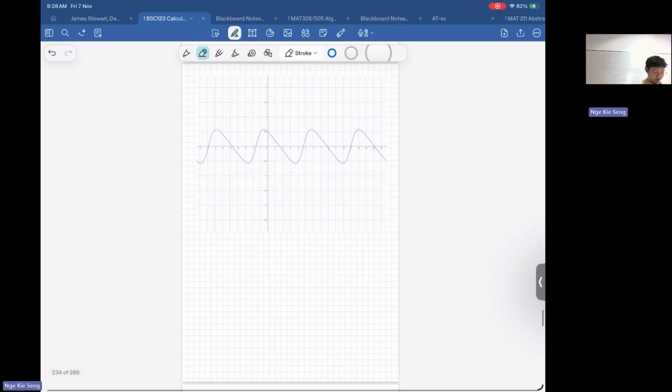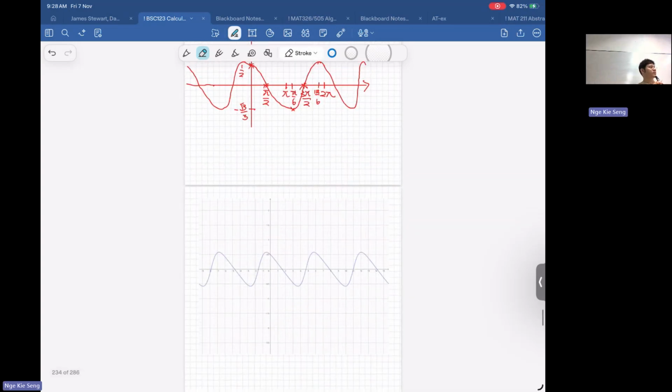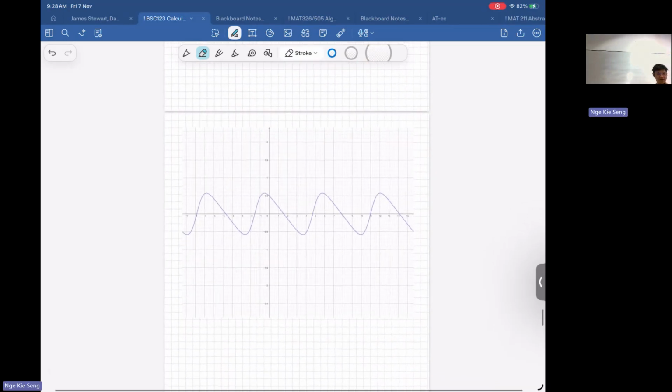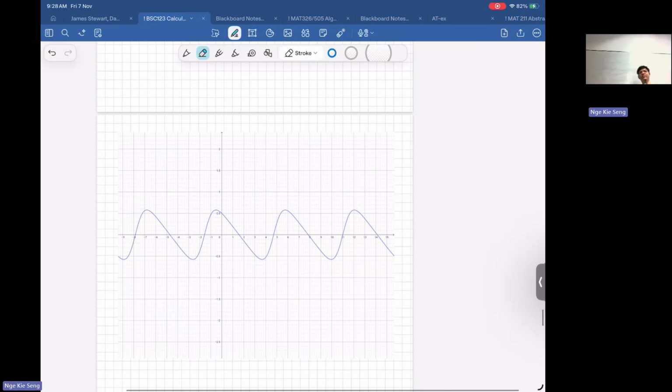Any questions about whatever we learned up to now, before we go to application questions? Any question about finding asymptotes, limits and local maximum minimum?